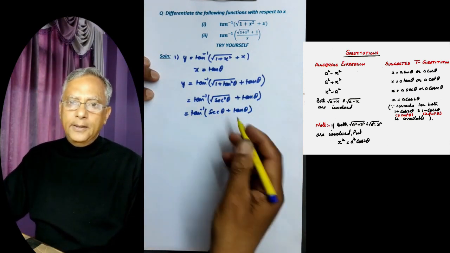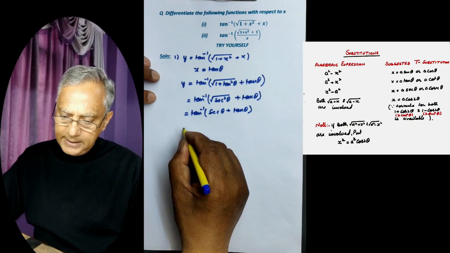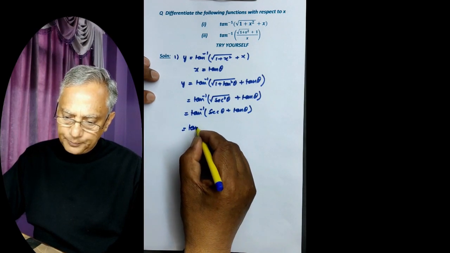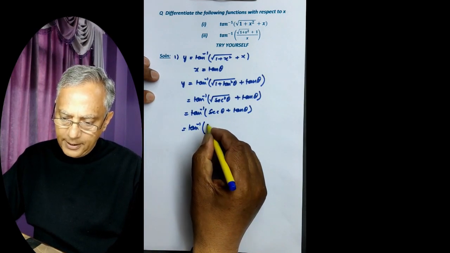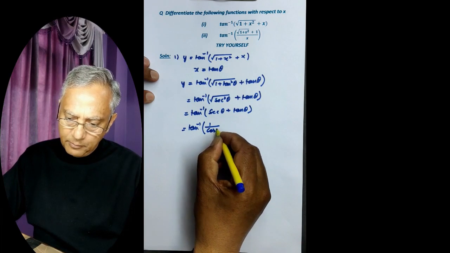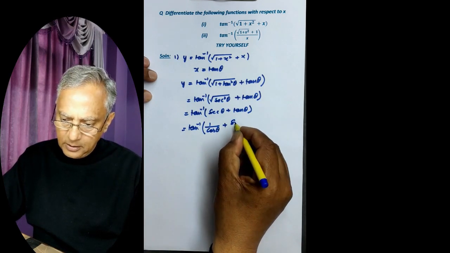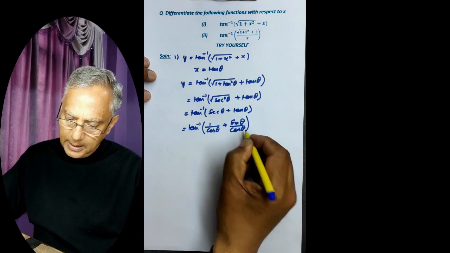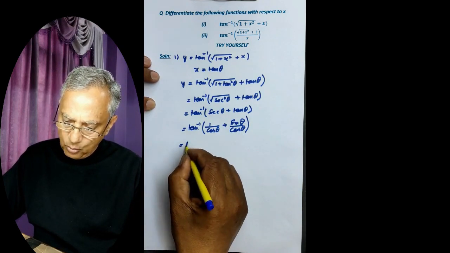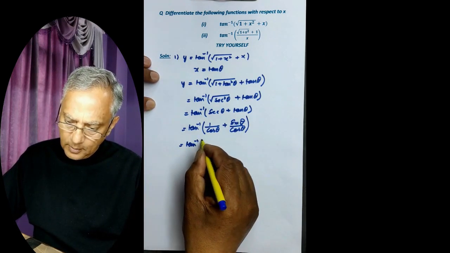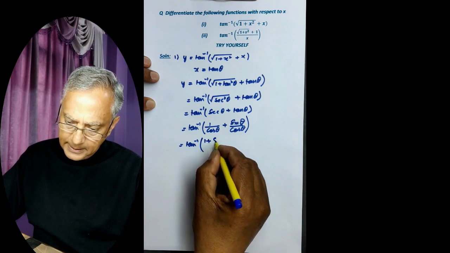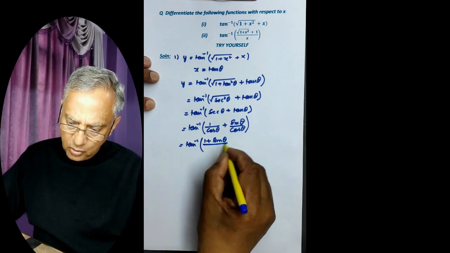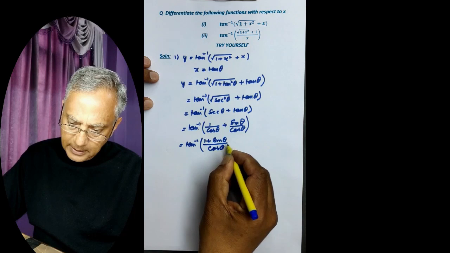Now we simplify this. So what we get is tan inverse of 1 upon cos theta plus sin theta over cos theta. And this is equal to tan inverse of 1 plus sin theta over cos theta.